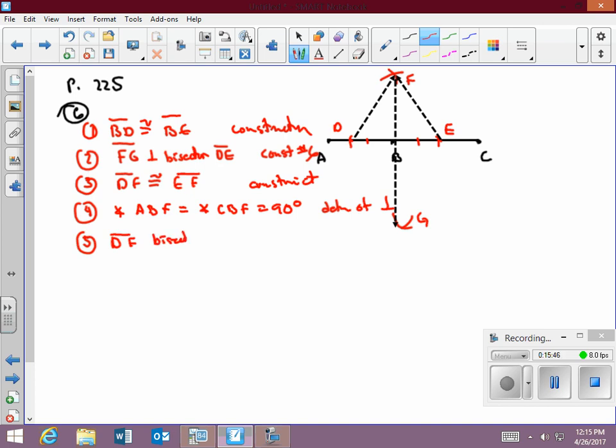Bisects angle ABC by definition. I probably wouldn't even have to say that ABF and CBF are 90 degrees. I just have to say they're congruent.